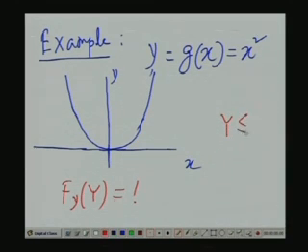y has value less than or equal to 0, that is either at origin or less than that. In fact, I should say y less than 0, not less than or equal to, but less than 0. In that case, clearly, there is no range of x for which y takes value less than 0.